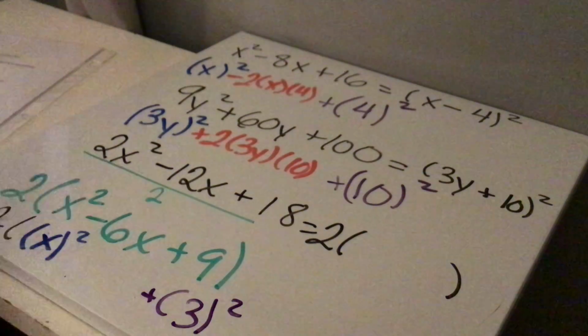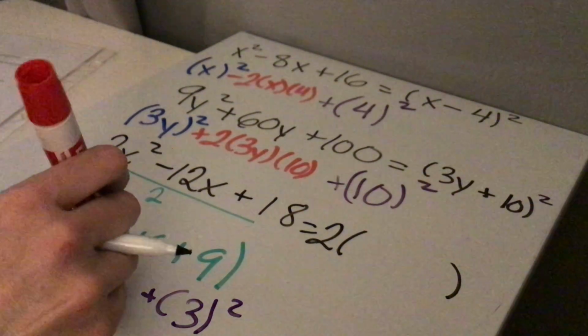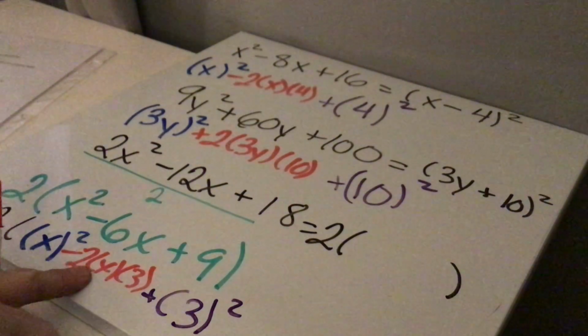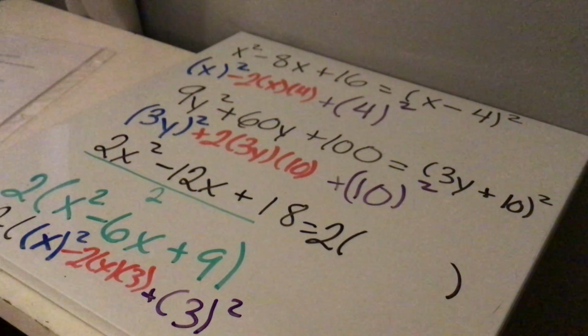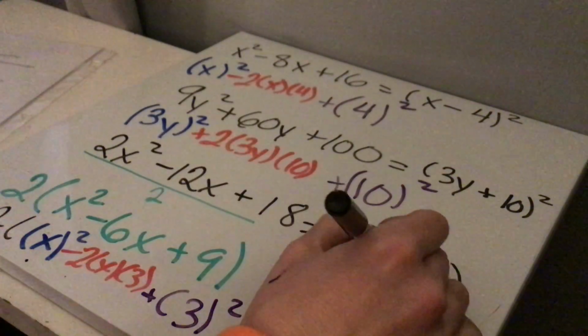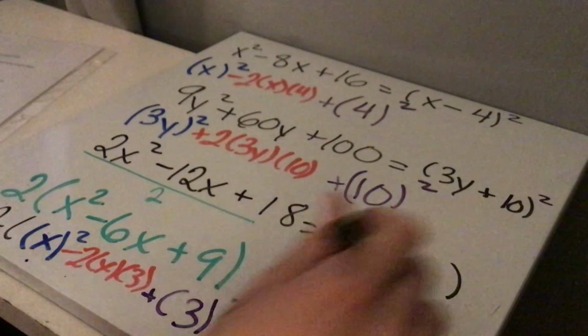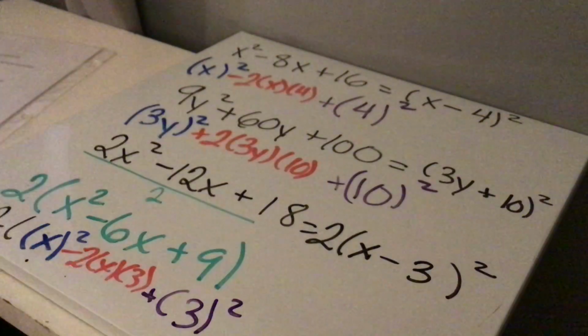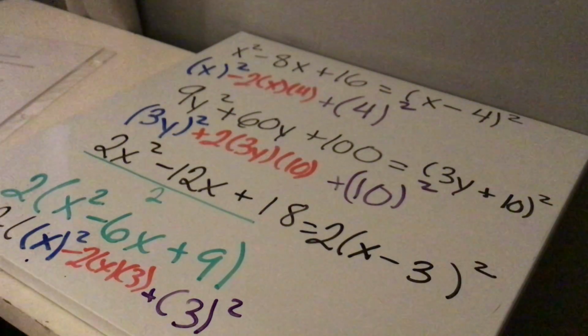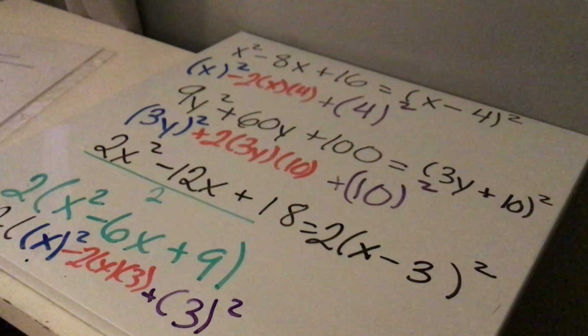Then check, it's negative, so is this minus 2 times x times 3? So negative 2 times x times 3 does equal negative 6. So I can factor it into x, this is a negative, so minus the last, squared. So I get 2 times x minus 3 quantity squared. Okay?